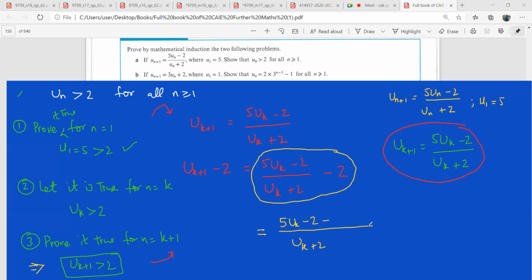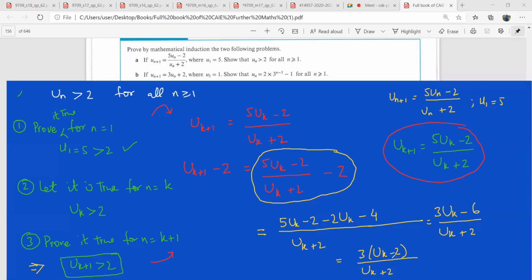So this is minus 2uk and minus 4, so we have 3uk minus 6 over uk plus 2. Then I have 3 into uk minus 2 over uk plus 2.